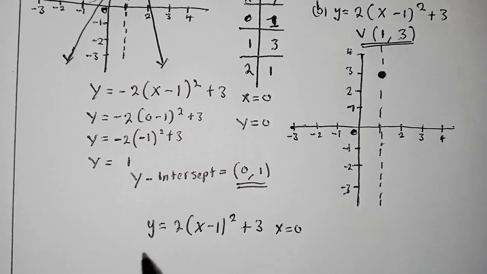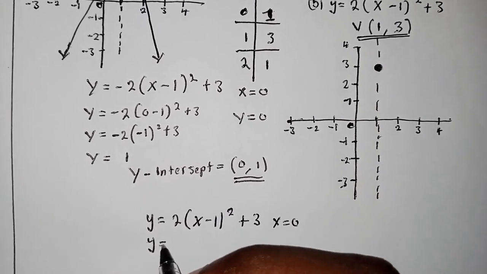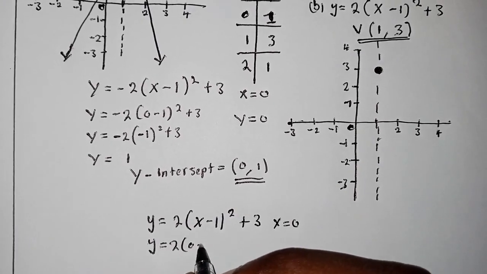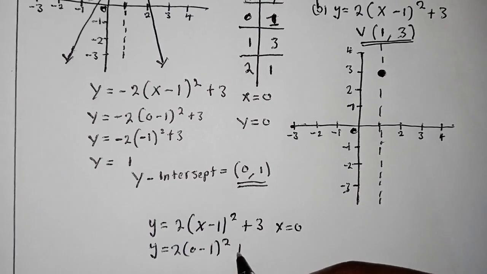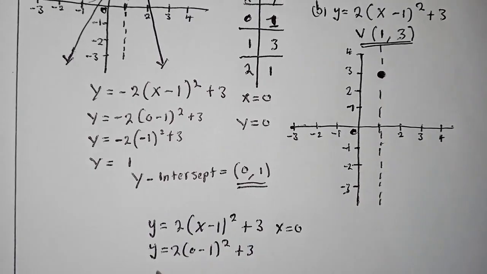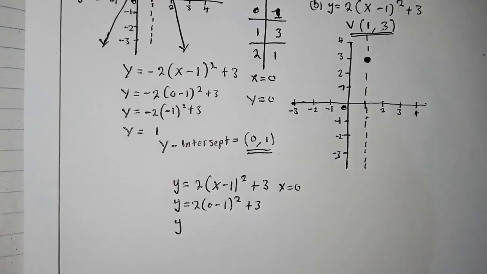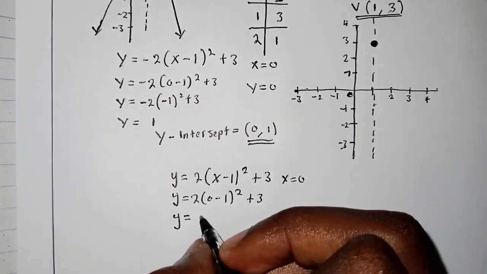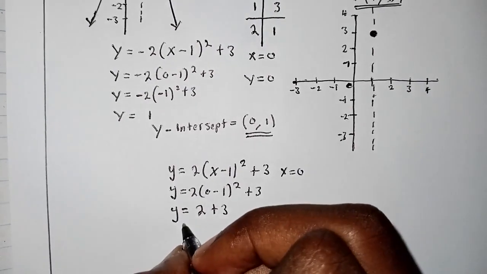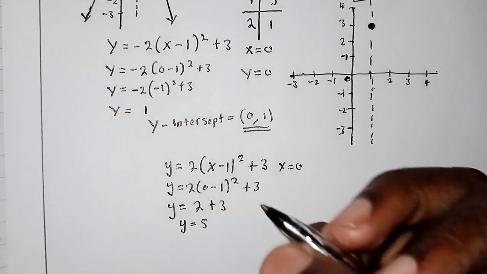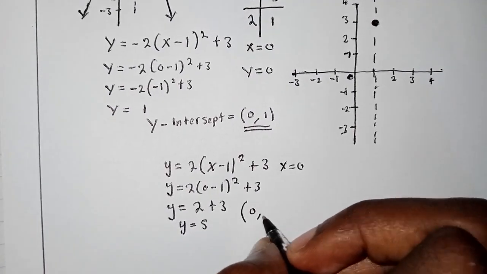You see how easy it's going to be. So this is just going to be y equal to 2(0 minus 1) to the power 2 plus 3. This is going to be 2 plus 3, so y equal to 5. So the y-intercept is at 0, 5.